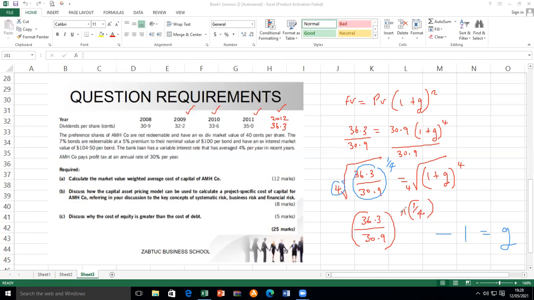Now we want to talk about this. This is important, everybody, because the growth rate in the dividends may not be given. So how do you get the growth rate? You take the most recent value divided by the previous value, to the power 1 over the number of years that the growth has taken place.